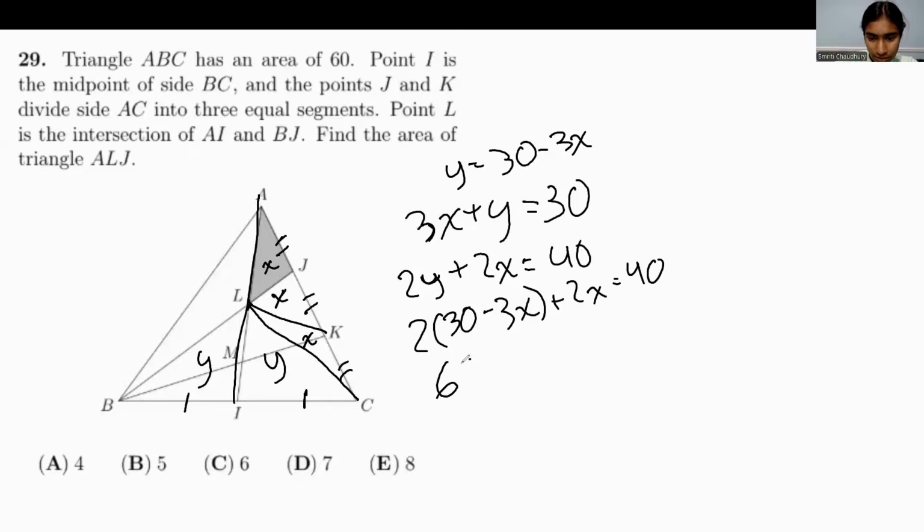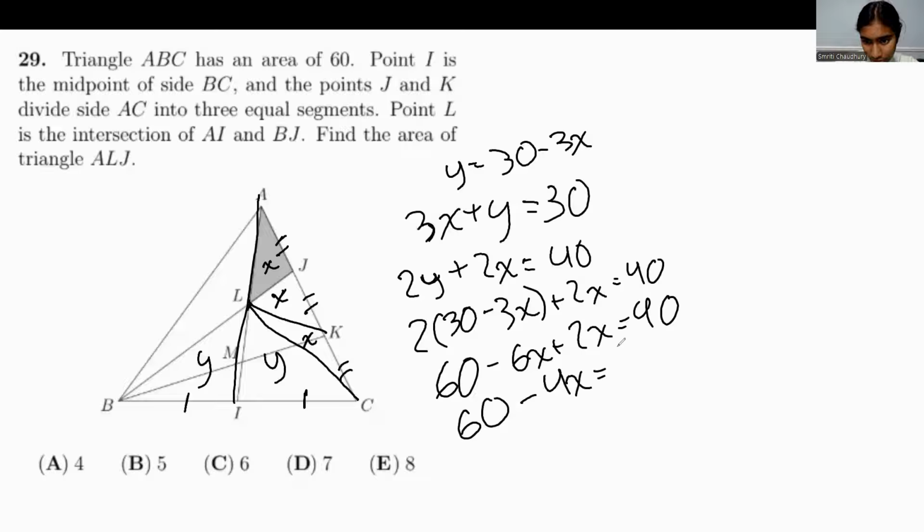So 60 minus 6x plus 2x equals 40. So 60 minus 4x equals 40. So subtract 40 from both sides, we've got 20, and then add 4x to both sides equals 4x. So x equals 5.